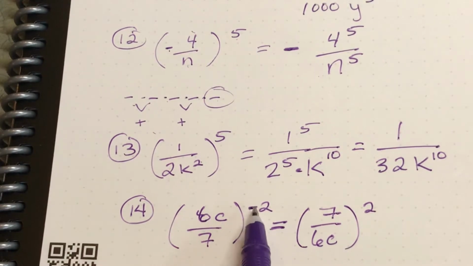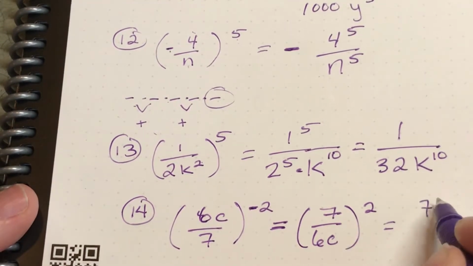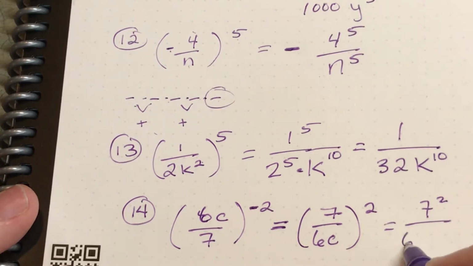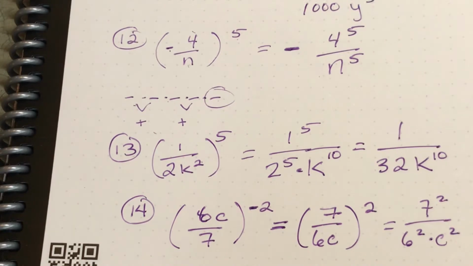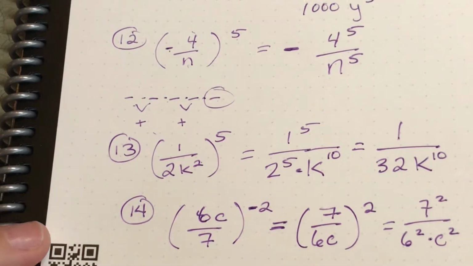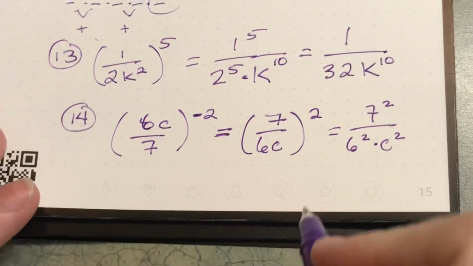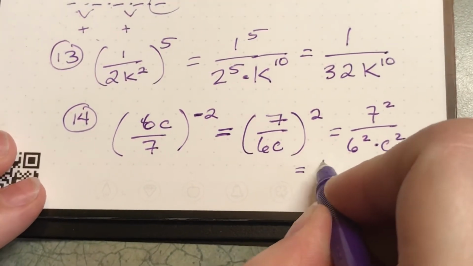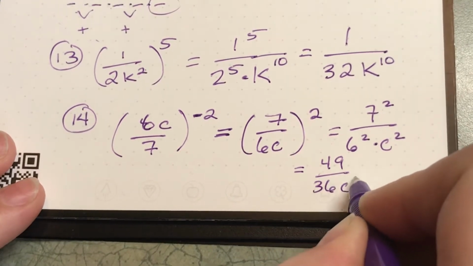So negative says flip it, so I flipped it, but I keep the 2. And so now I have 7 squared over 6 squared times c squared. And this equals 49 over 36c squared.